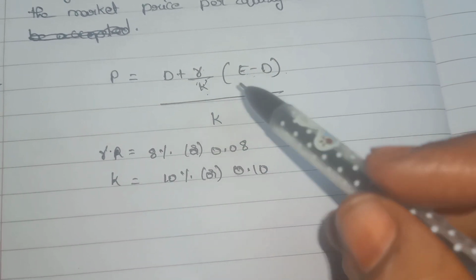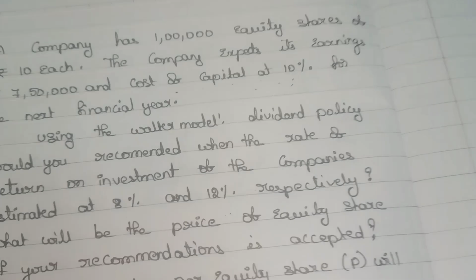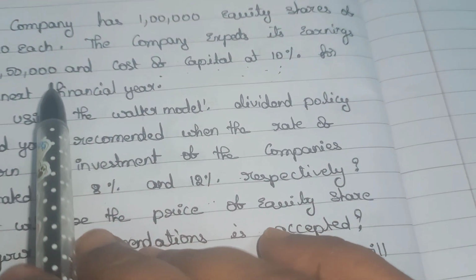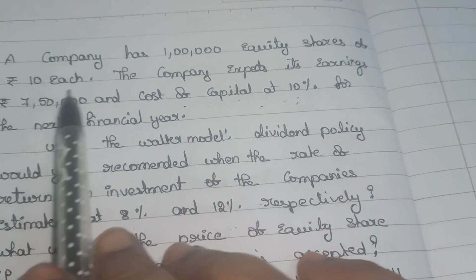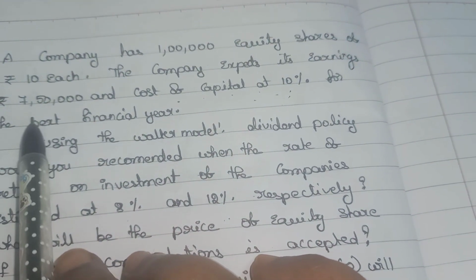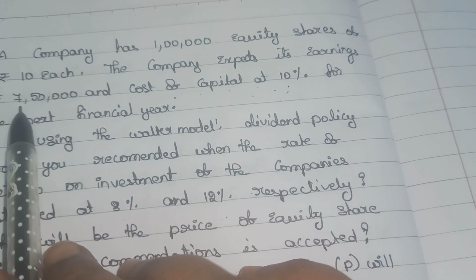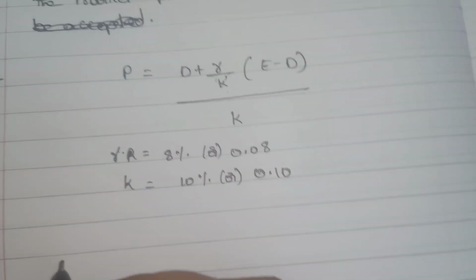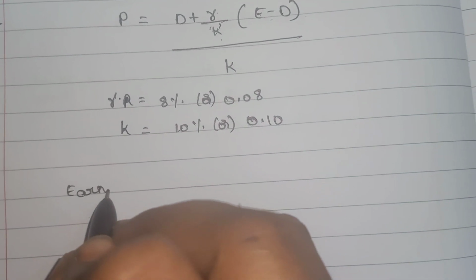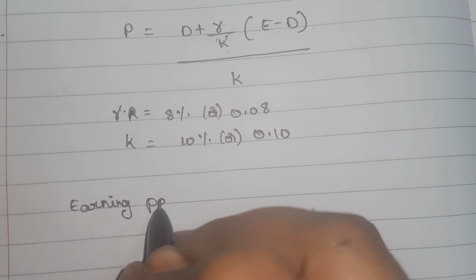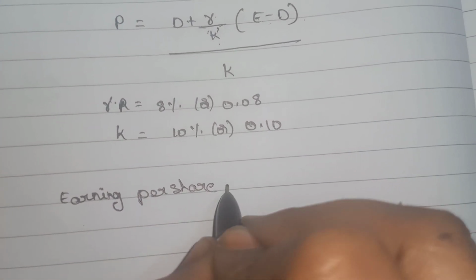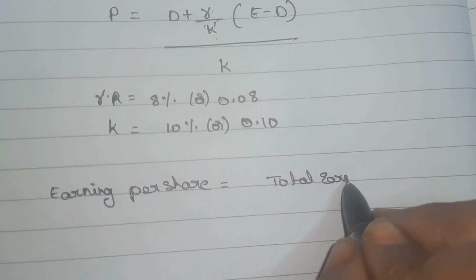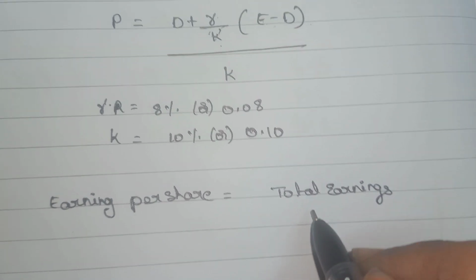Coming here, a company has 1 lakh equity shares of rupees 10, and it is expecting earnings of 7 lakhs 50,000. So now we have to use one formula, earnings per share, which is equal to total earnings divided by number of shares.